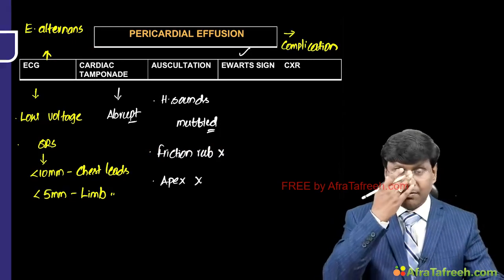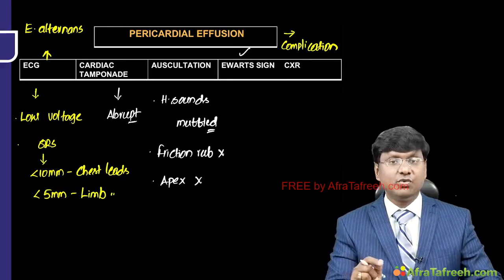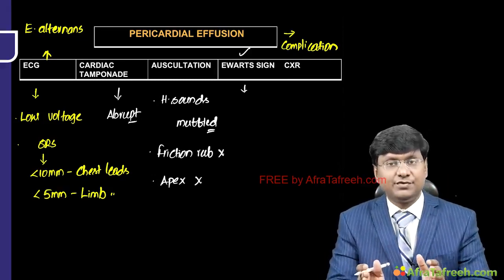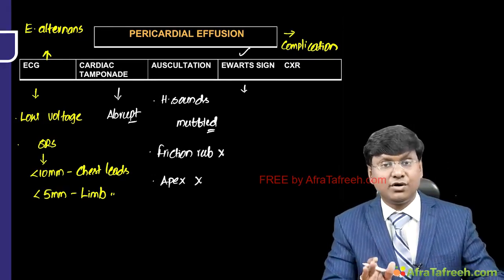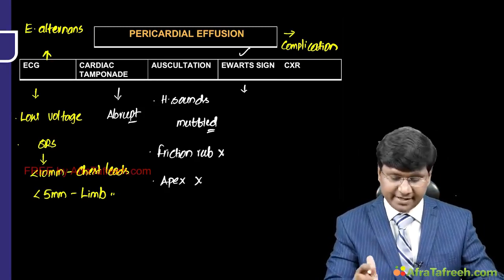Then you need to know about what is called Ewart sign in patients with pericardial effusion. Whenever there is a large pericardial effusion, it can cause compression of the lung parenchyma.